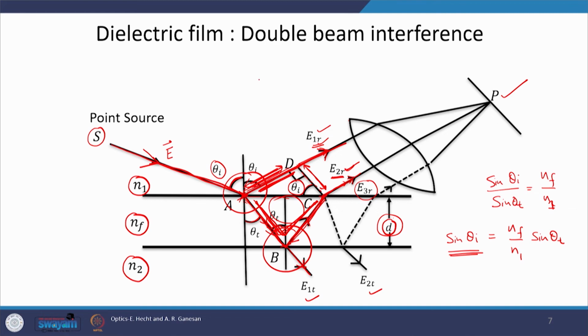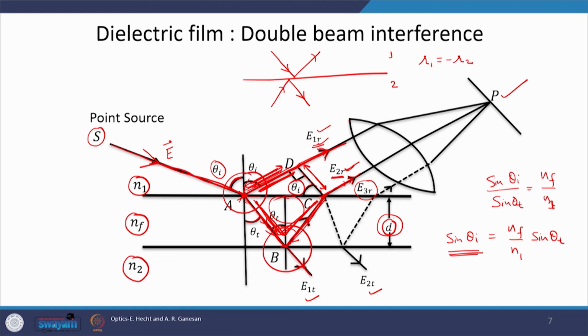It is similar to the case where we have one interface. Here it is the first medium, here it is the second medium, and the first reflection is happening like this, while the second reflection is happening like this. This is similar to the concept we discussed while studying optical reversibility, which says that R1 is equal to minus R2.